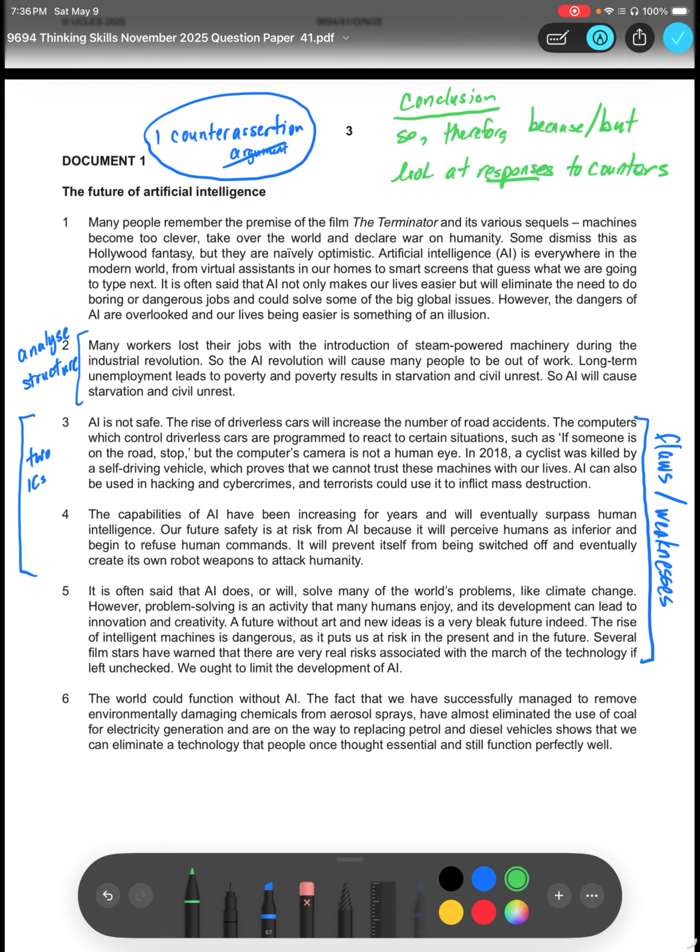Very often, not always, but very often that response will be an intermediate conclusion. All right, so let's read this guy.